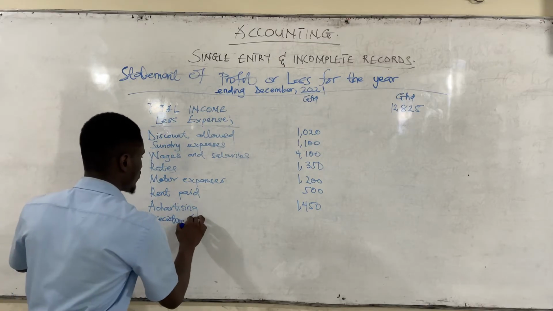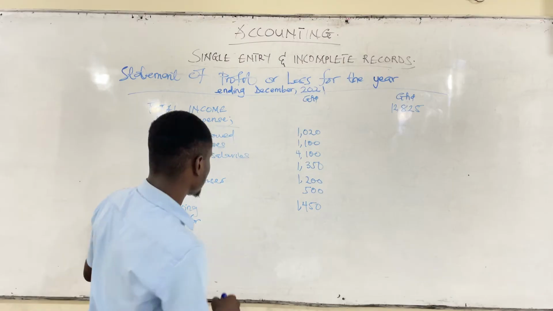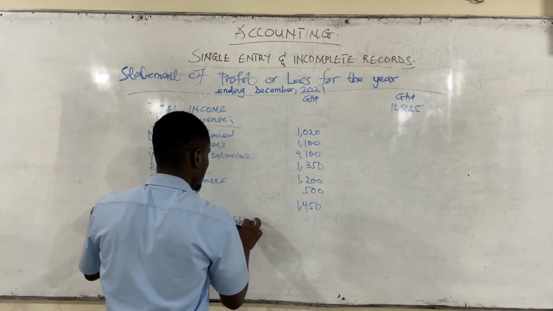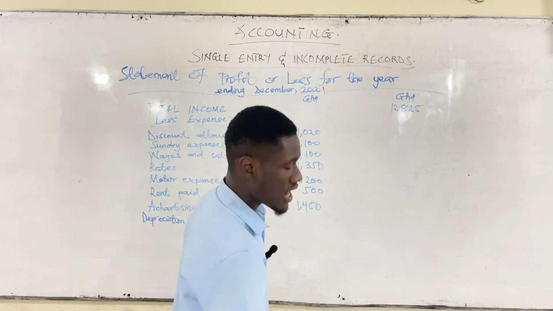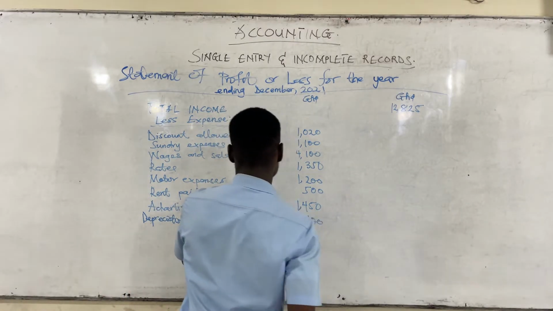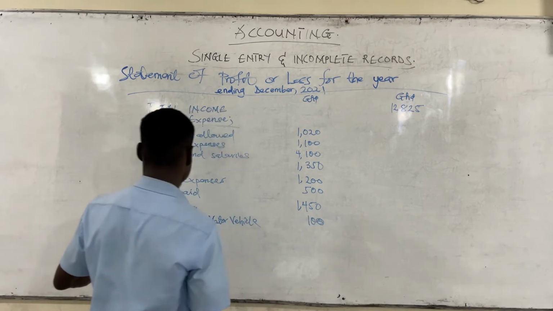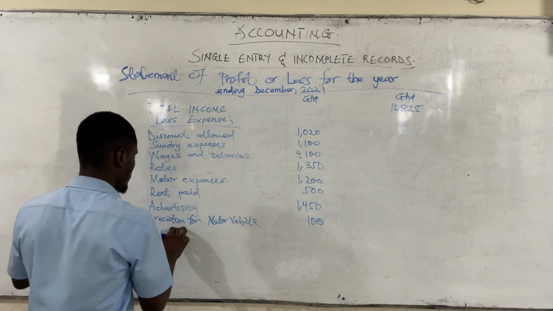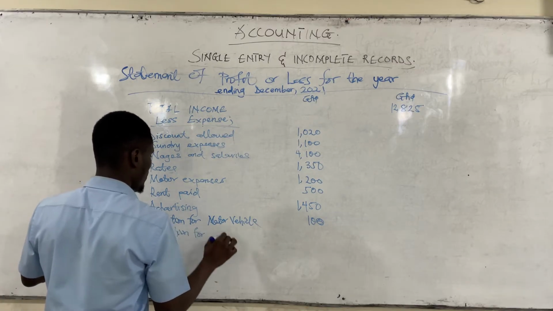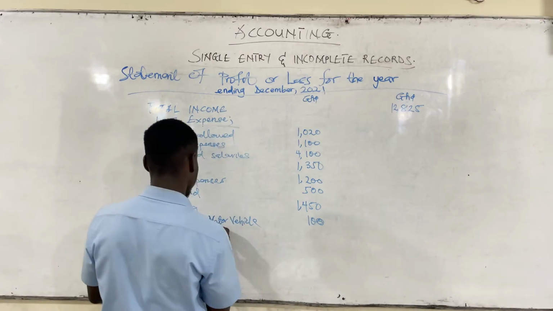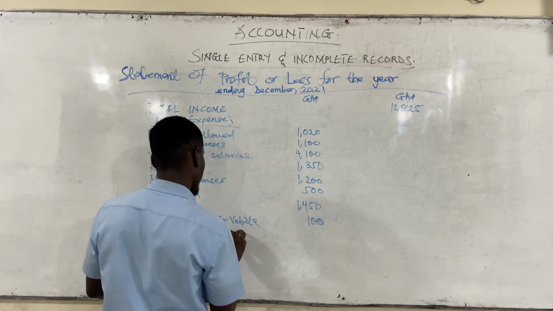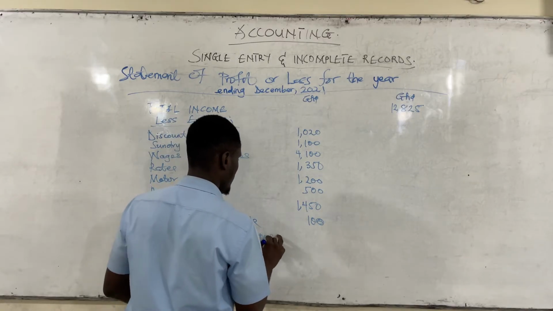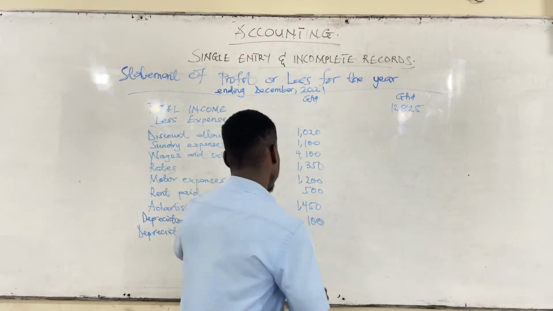The depreciation for motor vehicle is going to be 100 cedis. And we have depreciation for furniture and fittings, which is also 200.